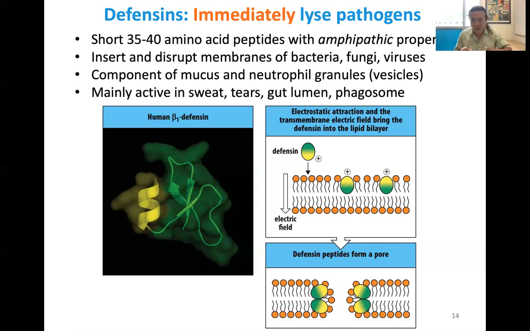So you might say, wait a minute, right? This is a lot simpler than that whole C5 membrane attack complex thing that had C5, C6, C7, 8, 9 forming this big thing. Why don't we just rely upon this? Right?